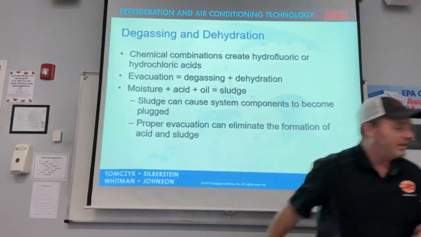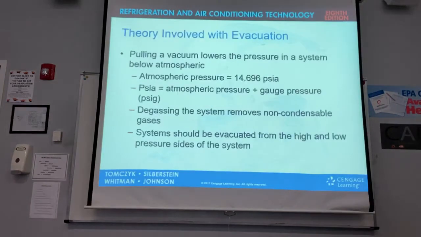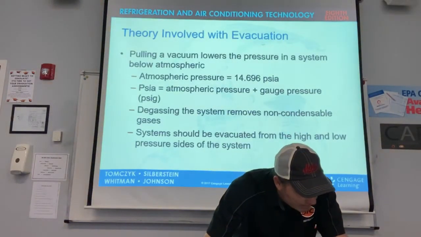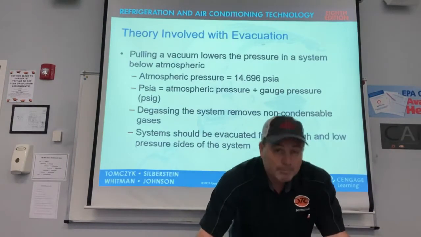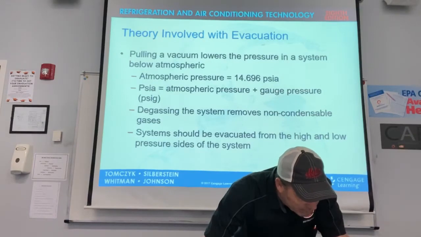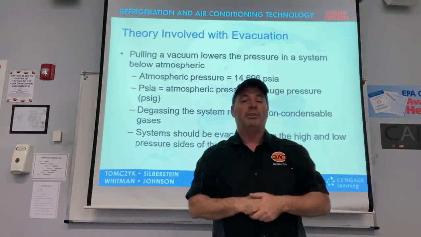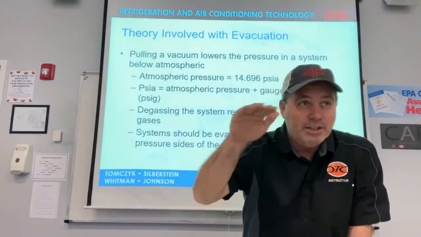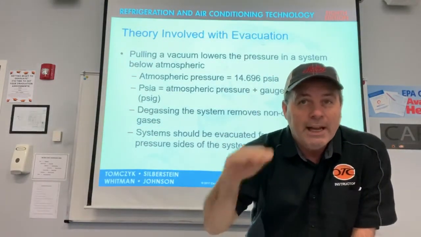Now, what is evacuation in theory? Let's talk about evacuation in theory. The theory of evacuating a system, to pull a vacuum, means to lower the pressure in the system below atmospheric. How simple is that? If we get the pressure in the system below atmospheric, it's in a vacuum.